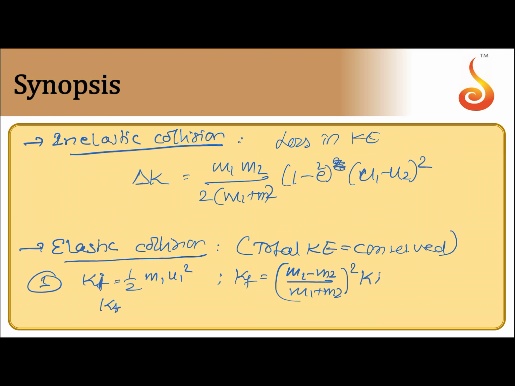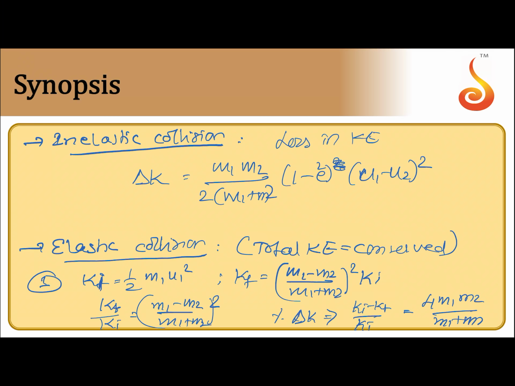So I can write kf divided by ki is equal to (m1 minus m2) divided by (m1 plus m2) whole square, and the fractional change in kinetic energy, that is ki minus kf divided by ki, can be calculated, and it turns out to be 4 m1 m2 divided by (m1 plus m2) whole square.